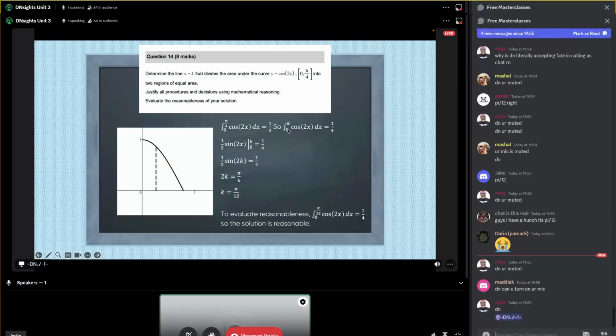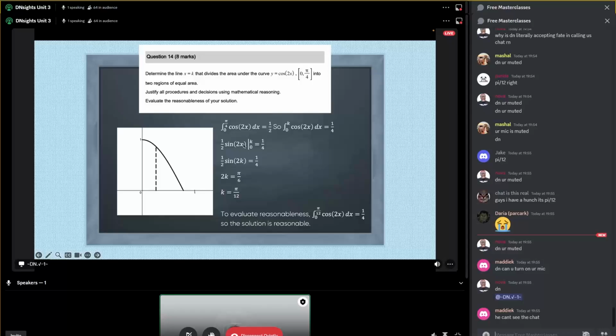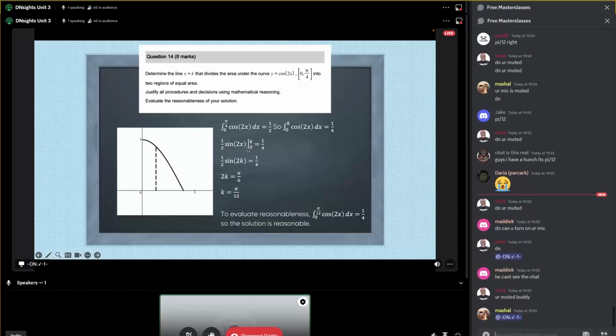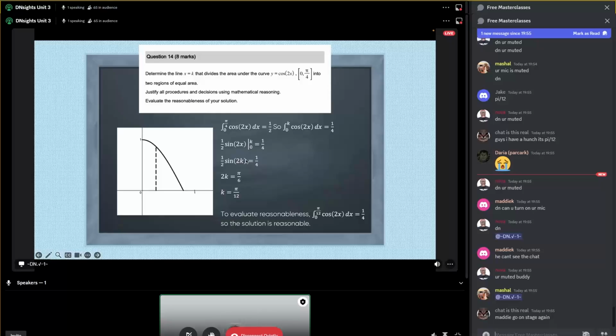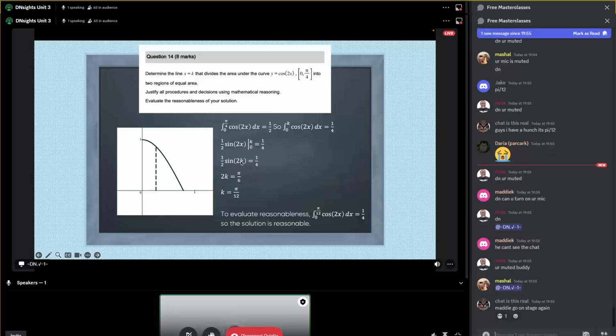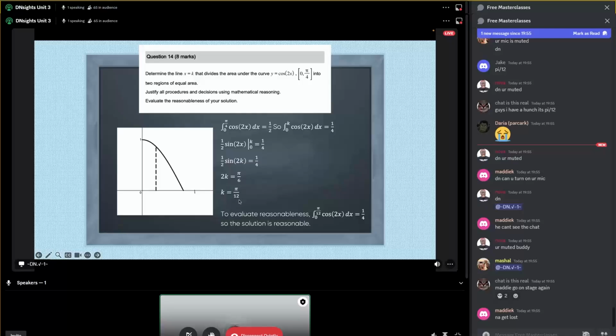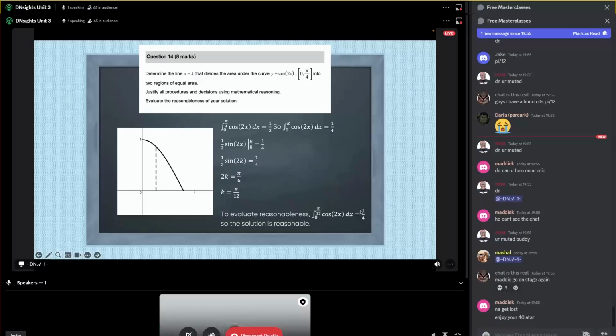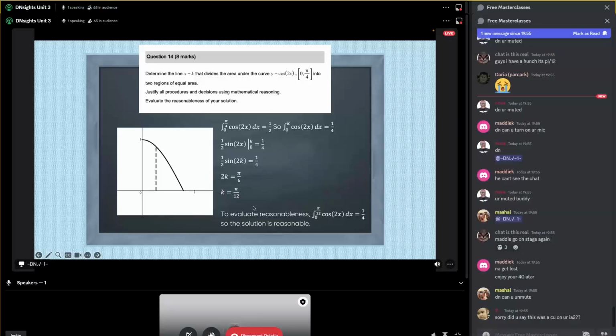So we solve this integral, we get half of sine 2x between 0 and k. So I get half sine 2k minus half sine 0, which is obviously 0. So I get this part is pi on 6 here, because this part is half. So sine inverse half is pi on 6. And then I get k is pi on 12. And to evaluate reasonableness, you just do this integral. You'd get 1 over 4, so the solution is reasonable.